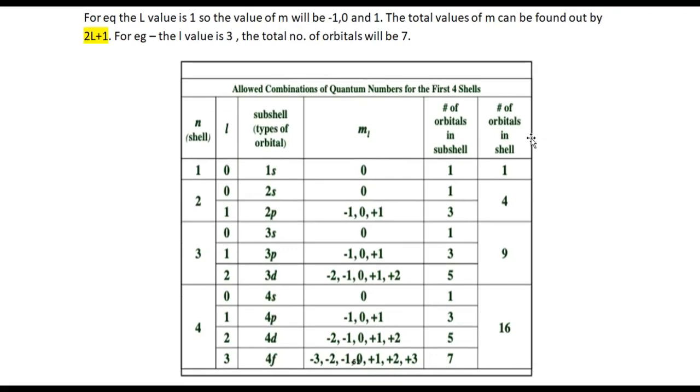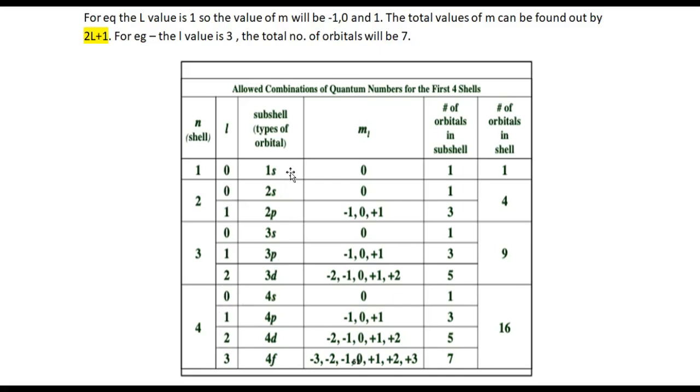We have the principal quantum number 1, 2, 3, and 4. We have the subshells: 0 for 1; 0, 1 for 2; 0, 1, 2 for 3; and 0, 1, 2, 3 for 4. We have done this previously.